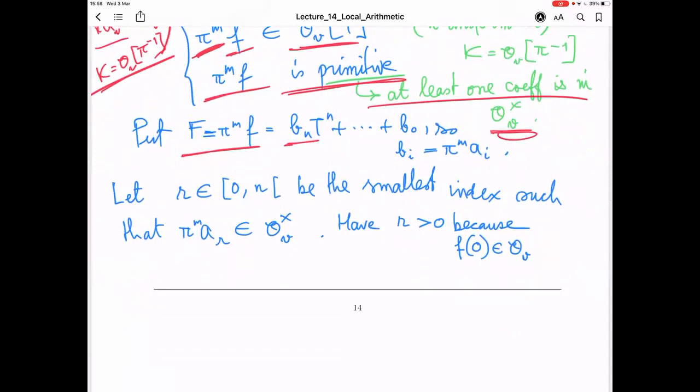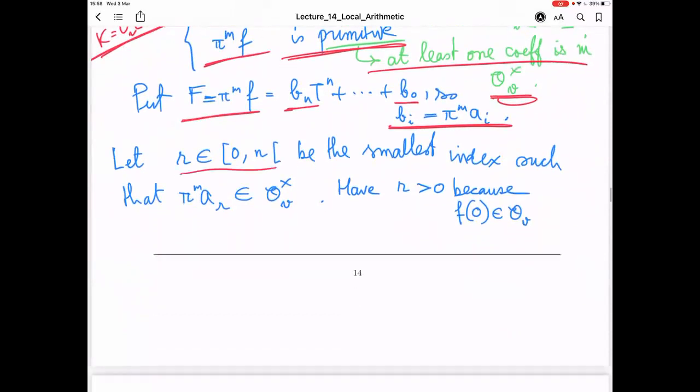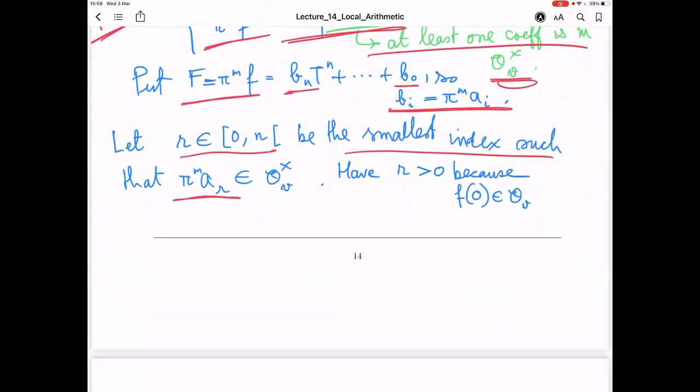So it will have some coefficients bn, ..., b0, etc., where bi is, of course, pi to the m times ai. Now let r be the smallest index such that pi to the m times ar, one of the coefficients, is in OV star. One of the coefficients is a unit. So let r be the smallest index such that br is a unit.